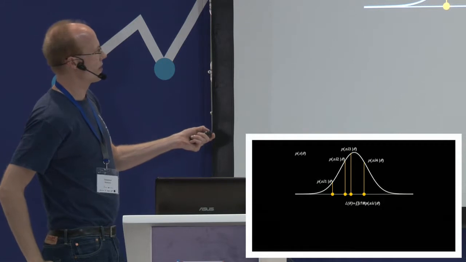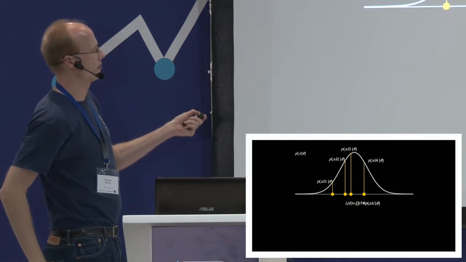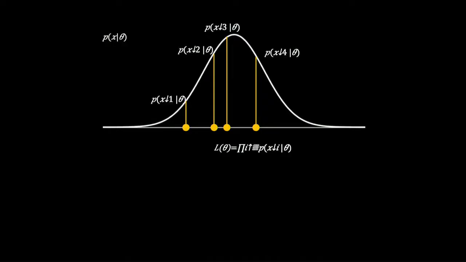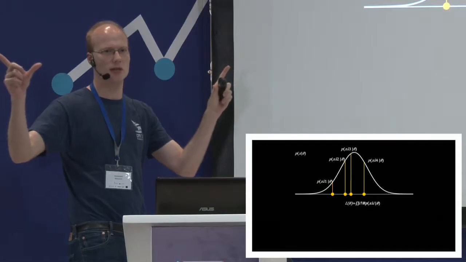The likelihood is a product of these lengths because we assume our data to be IID, independent and identically distributed. The likelihood factorizes. So the likelihood of theta is the product of the per-data likelihoods. And now we want to maximize this quantity. That means we want to maximize the product of these sticks, the product of these 4 numbers.